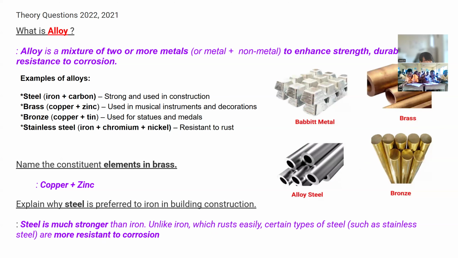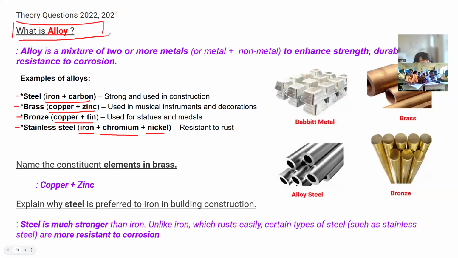Maybe wait a couple more seconds to copy this down. If you're going to copy some notes, I recommend writing down these: steel is iron plus carbon, brass is copper plus zinc, bronze is copper plus tin, stainless steel is iron plus chromium plus nickel. All of these are called alloys.